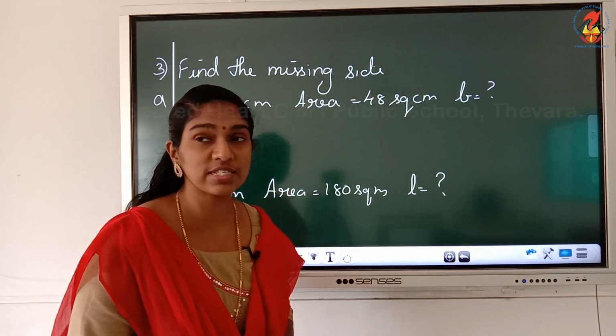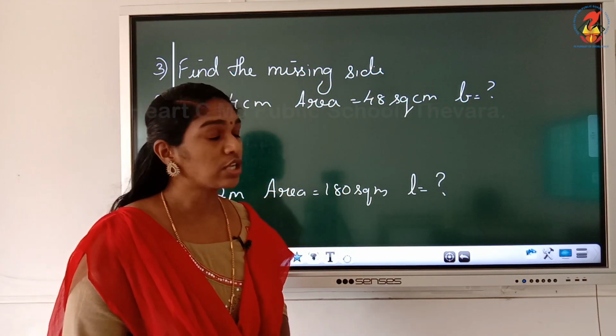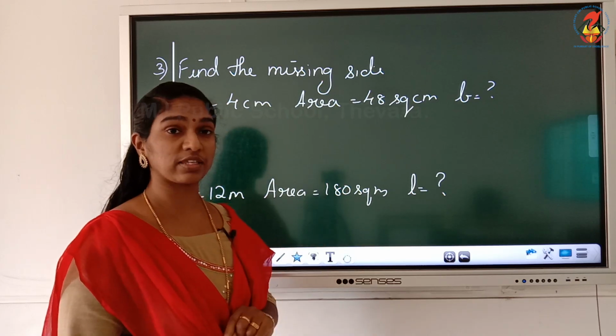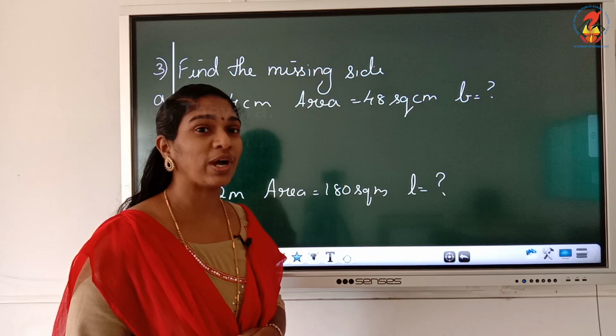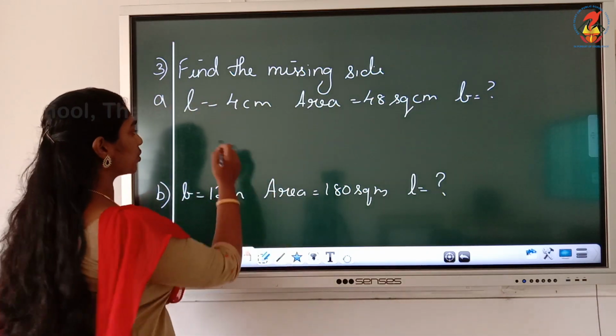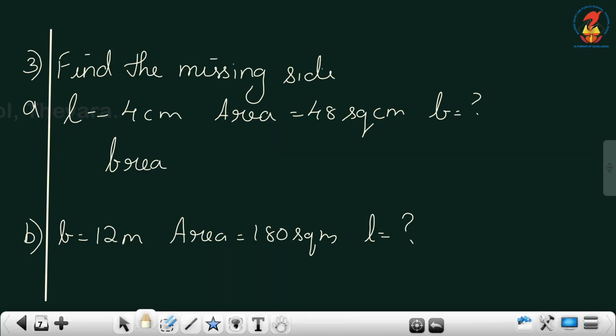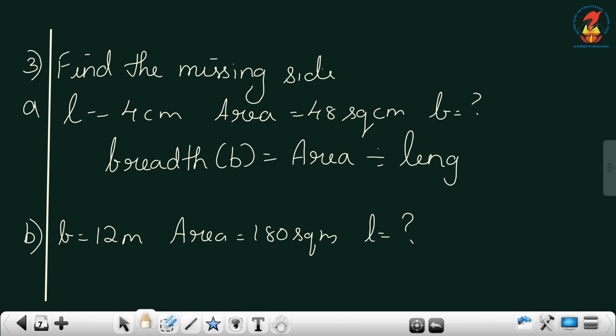Length into breadth is area, right? So, if I want to find out breadth, what will I do? Yes, somebody was saying you have to divide. So, to find out the breadth, that is B, write down the formula. Area divided by length. That is L.